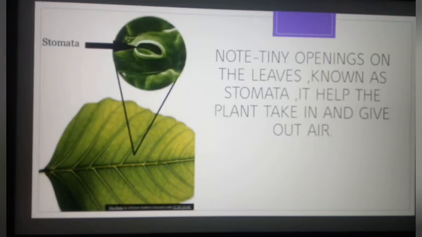Since they are very tiny, we can't see them with our naked eyes, and they are present on the underside of the leaf. These are very small openings, we can say very small holes. What is the task of these stomata? What is their role? You must be thinking that leaves look so beautiful, nowhere can we find stomata, but actually they are present. What do they do? They take in and give out air.